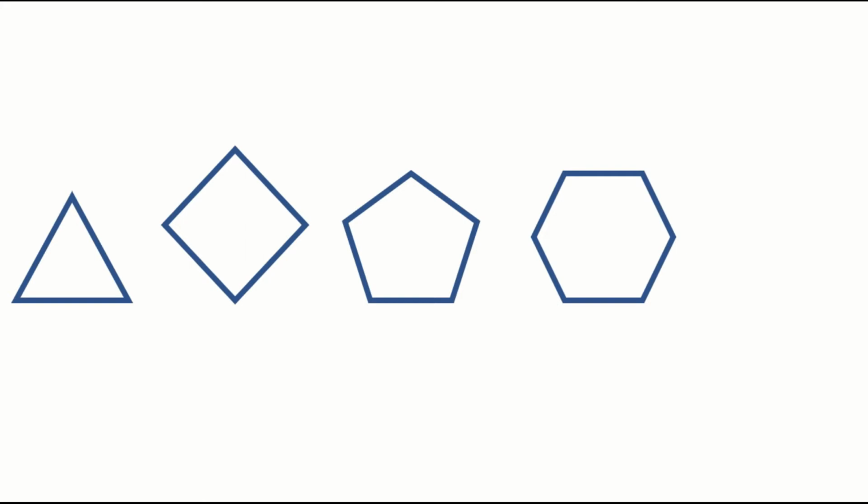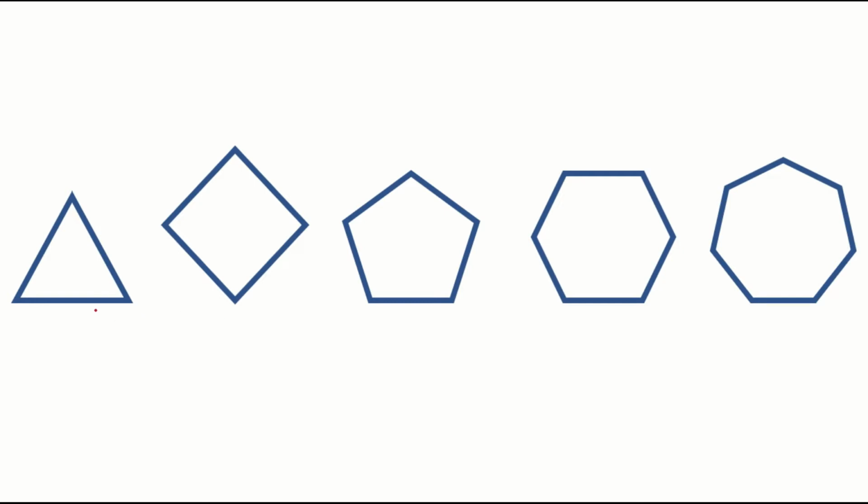Let's explore the following illustrations. Given a series of figures, first figure is a polygon with 3 sides, followed by a polygon with 4 sides. Then a polygon of 5 sides, followed by a polygon with 6 sides, then a polygon of 7 sides. Do the figures show a pattern?